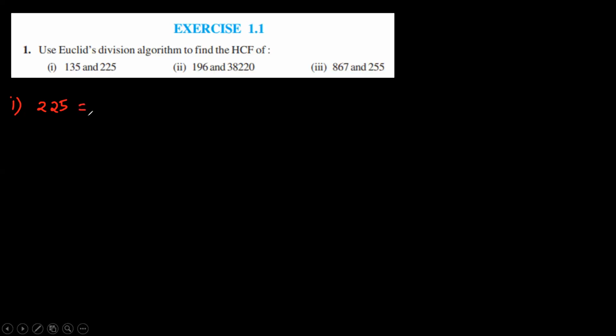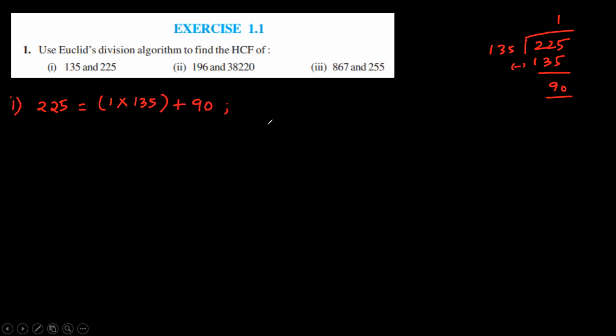Here we are going to divide 225 by 135. When we divide, it is 1 time. When we subtract, we get 90. How do we write it? A is equal to BQ plus R, isn't it? So the quotient is 1, the divisor is 135 and the remainder is 90.